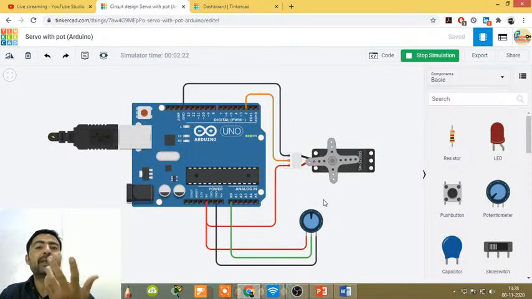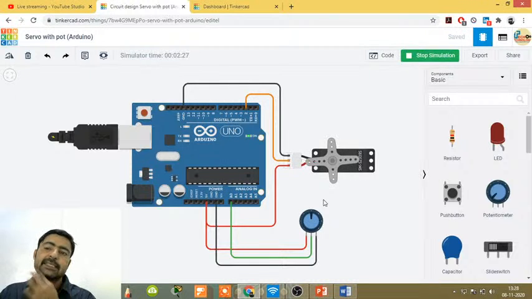So the sensor may be digital type or analog type. As we are seeing, this ultrasonic sensor is a digital sensor. The gas sensor is also an analog sensor, but we can use the gas sensor as digital also. So depending on the requirement and the application, we use different sensors and their types.